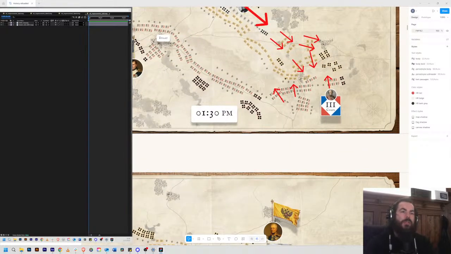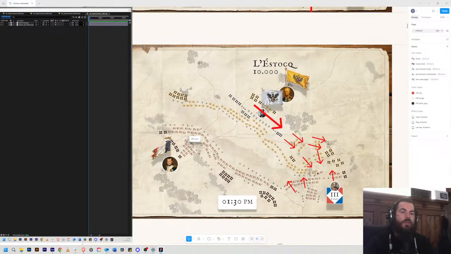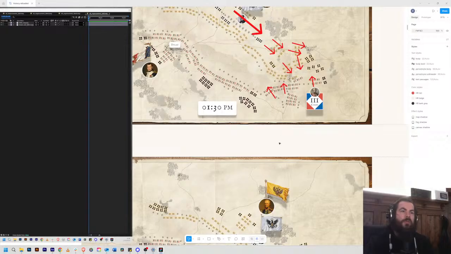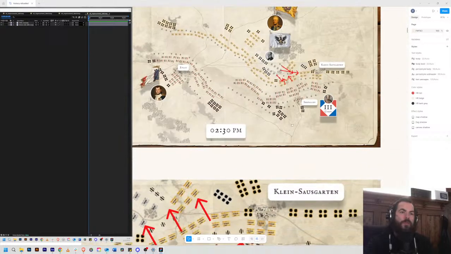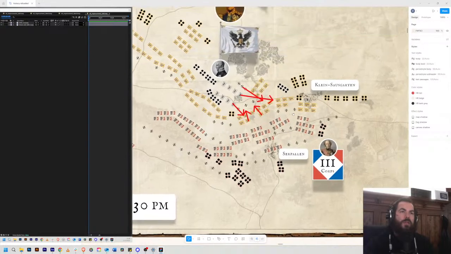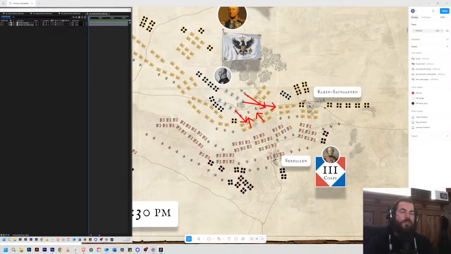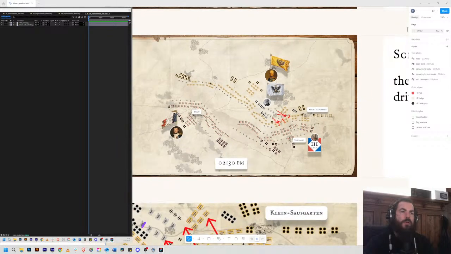Because we haven't animated the whole movement. We just animated the start of the movement so that they're moving there and they're moving back. But we don't have the end position of the Russians here. So we're gonna build that now.